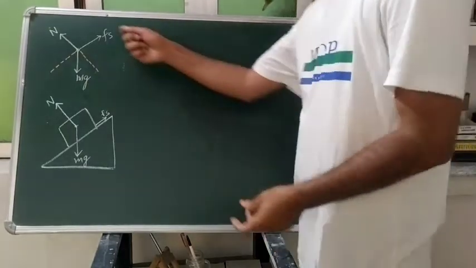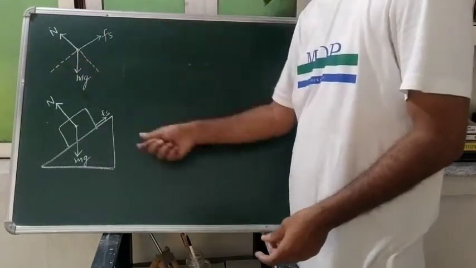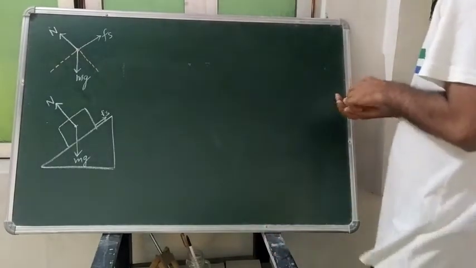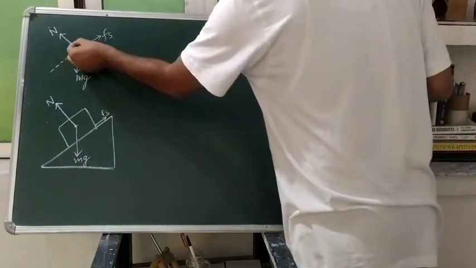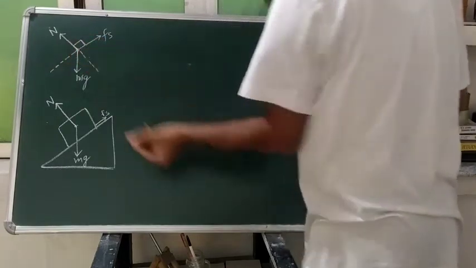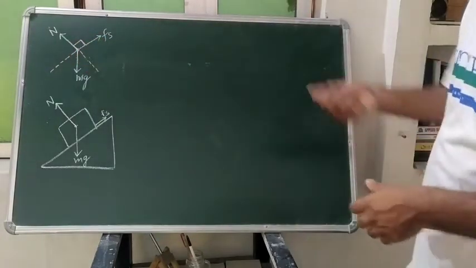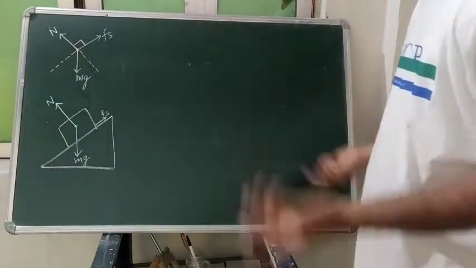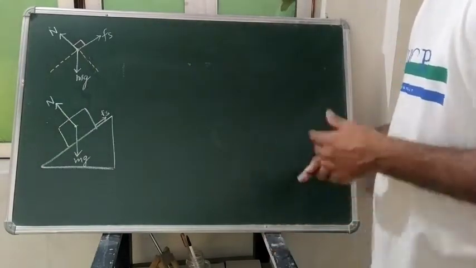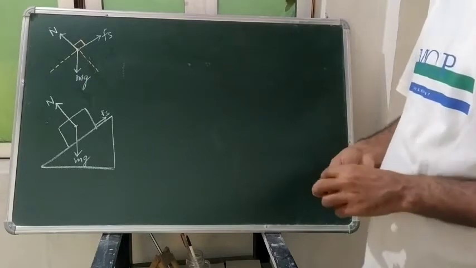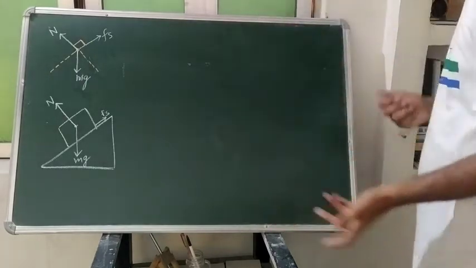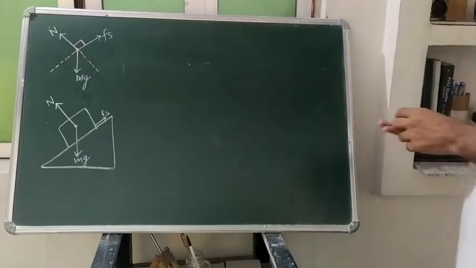You will see that F of S is along the contact surface, normal is perpendicular to it, and of course F of S and normal make 90 degrees. But mg is neither along nor perpendicular to the contact surface, so we will resolve the mg force along and perpendicular to the contact surface.